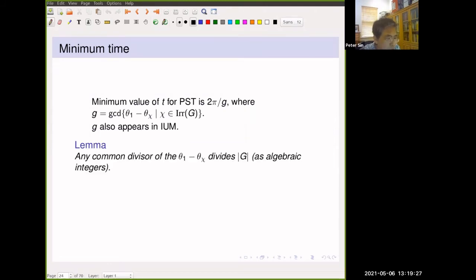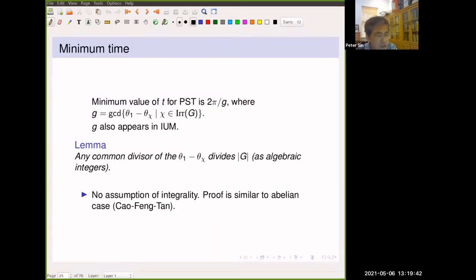But what we can prove is that any common divisor of the theta_1 minus theta_chi divides the order of G. This is without any assumption of integrality of the eigenvalues. So for any Cayley graph, any common divisor of theta_1 minus theta_chi will divide the order of G as algebraic integers, even in settings where we can't talk about greatest common divisor.